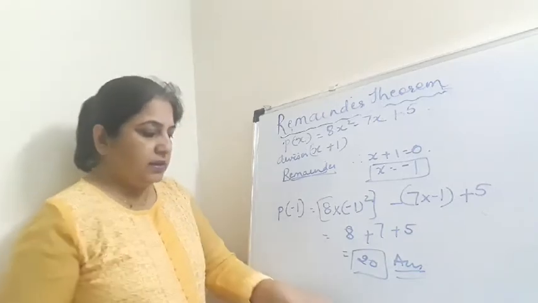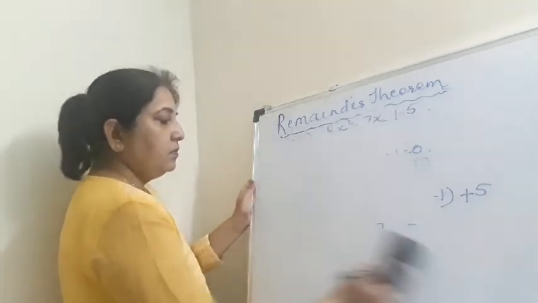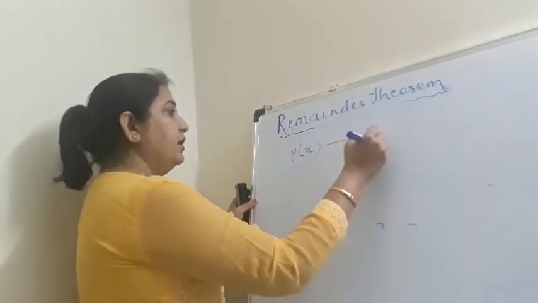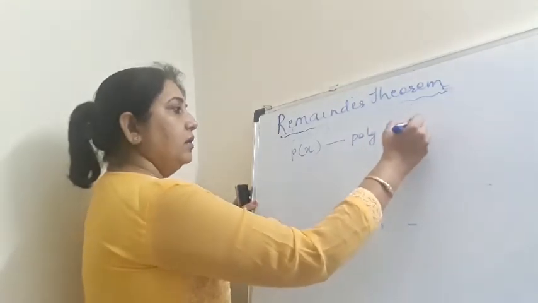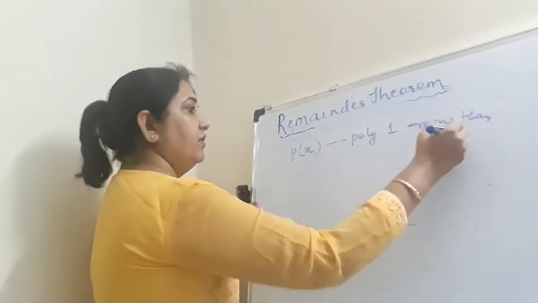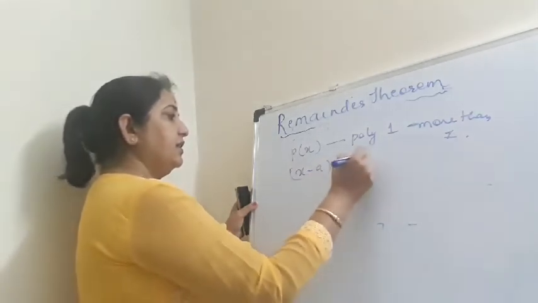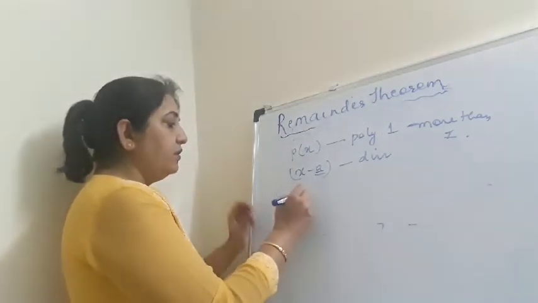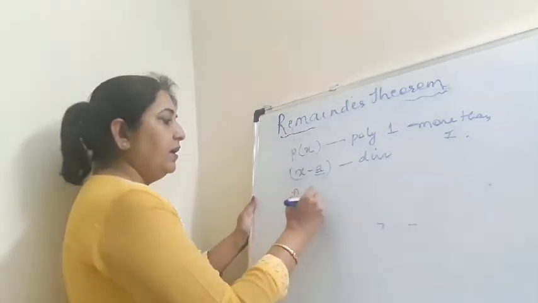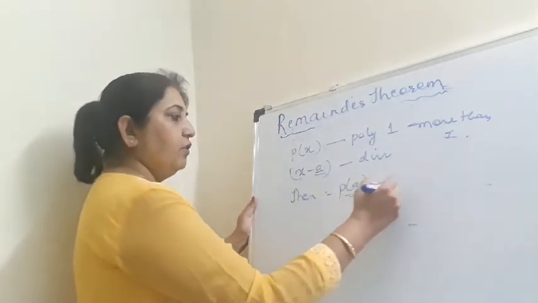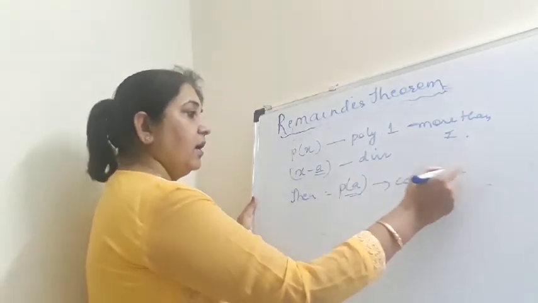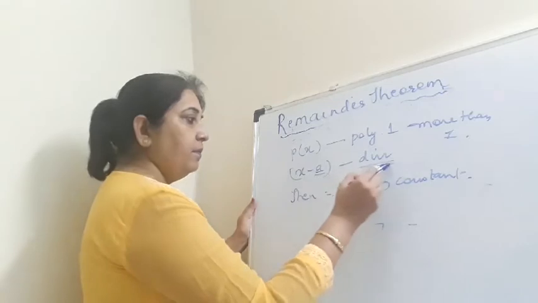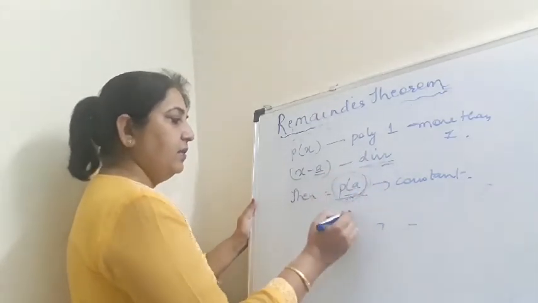So what I told you, what is the general form of the remainder theorem? If P(x) is a polynomial with degree 1 or more than 1, and if x minus a is the divisor in which a is any real number, then the remainder for this given polynomial will be equal to p of a, and p of a will always be a constant number because its degree will be less than the divisor's degree, and less than the divisor means its degree will be 0.